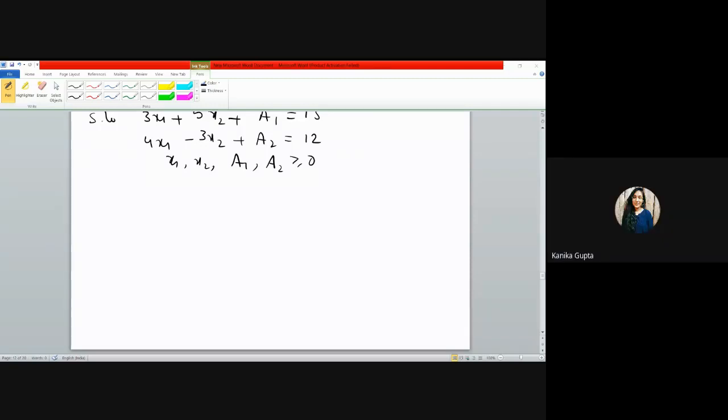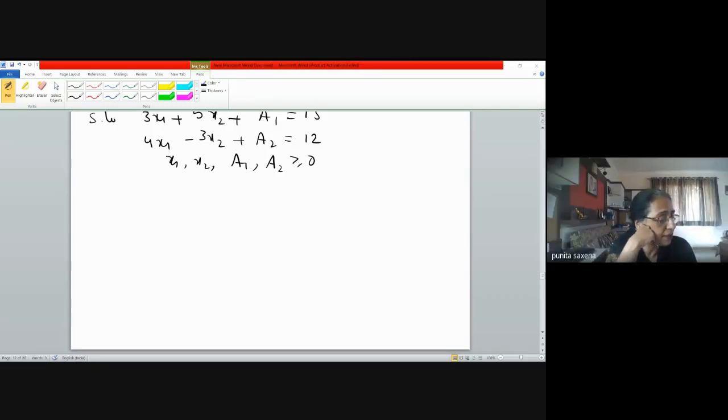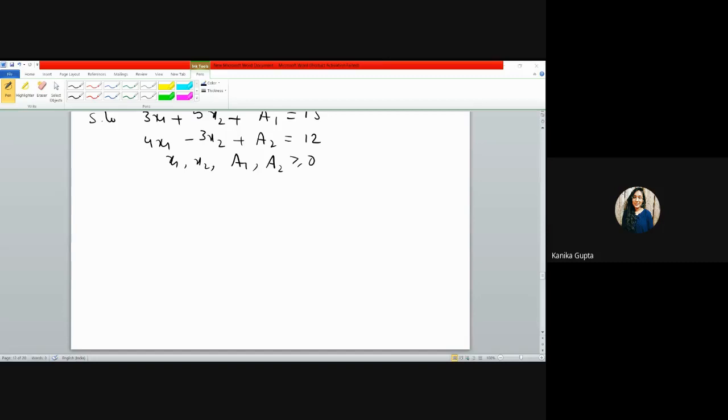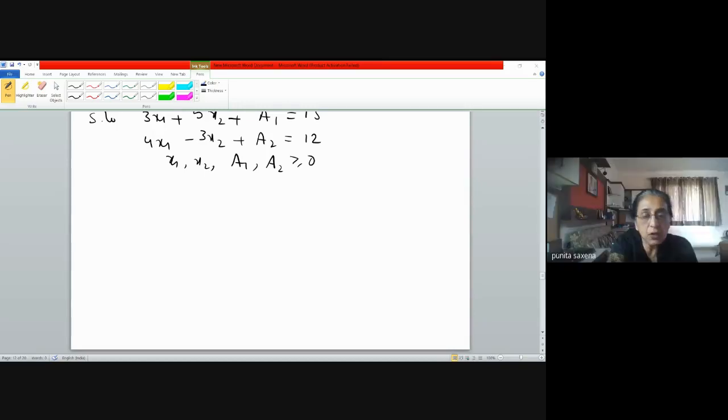Ma'am, R1 will be 1 by 3 R1. Why R1 will be 1 by 3 R1? Ma'am, because 15 by 3, we have 5 as the highest, so X1 enters and A1 leaves. When we are looking for the leaving variable, do we look for the maximum ratio or the minimum ratio?